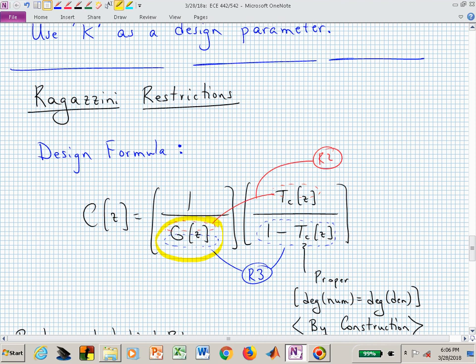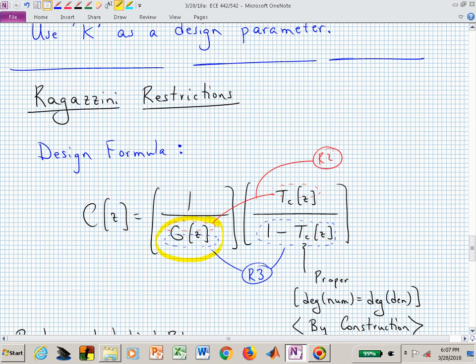That's a subtle distinction, but you need to be clear on what I'm trying to say. So if you had an unstable zero factor in g of z, I would just play around with this and see if it makes sense. Let's say that I now had an unstable zero in my plant at z equal to 1.1. That corresponds to having a factor of z minus 1.1 in the numerator of g of z.